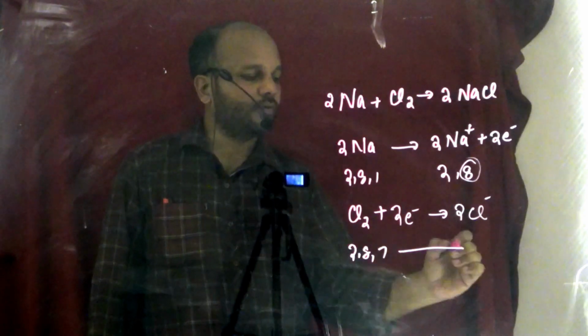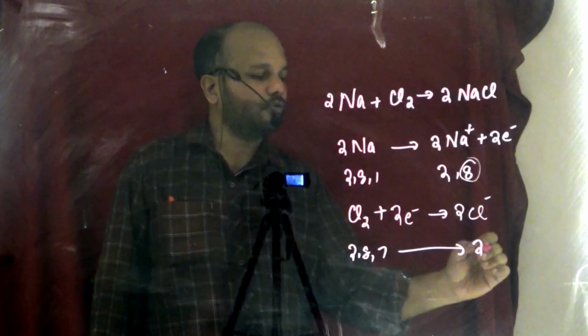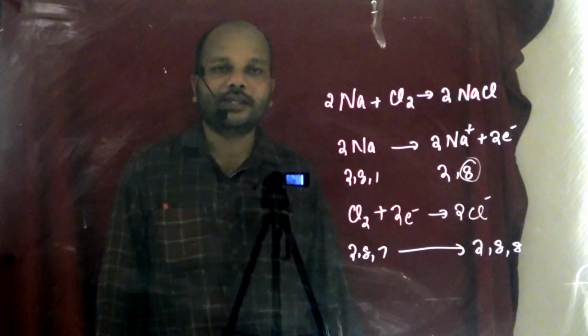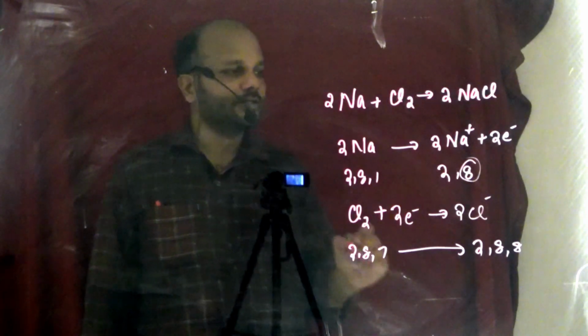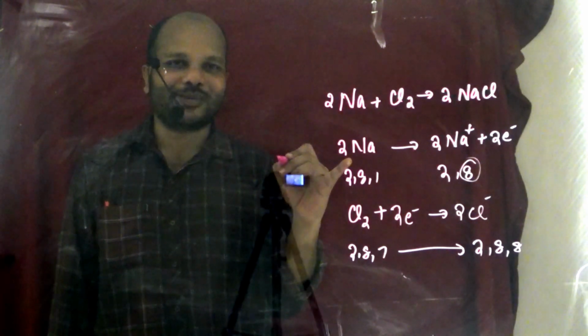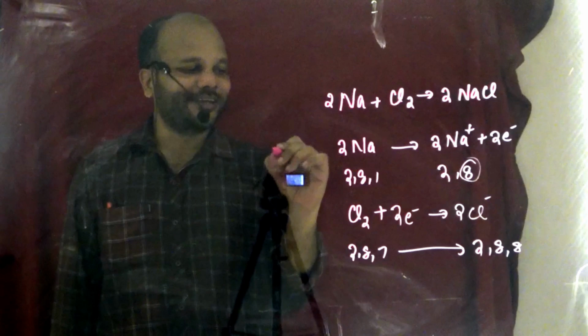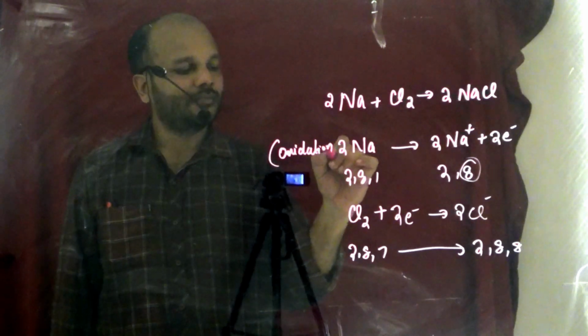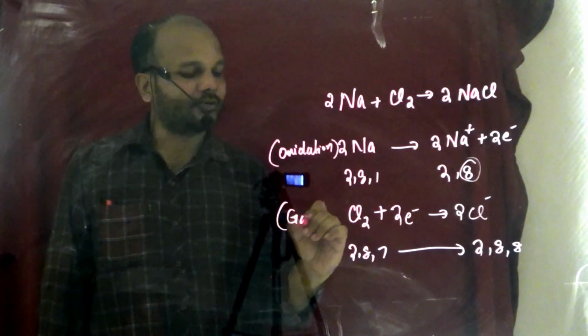When it accepts one electron, it becomes 2, 8, 8. So Cl minus has the 2, 8, 8 electronic configuration. So as you are aware, here the loss of electrons is happening, so sodium got oxidized. So this is the oxidation. Here the gain of electrons is happening.